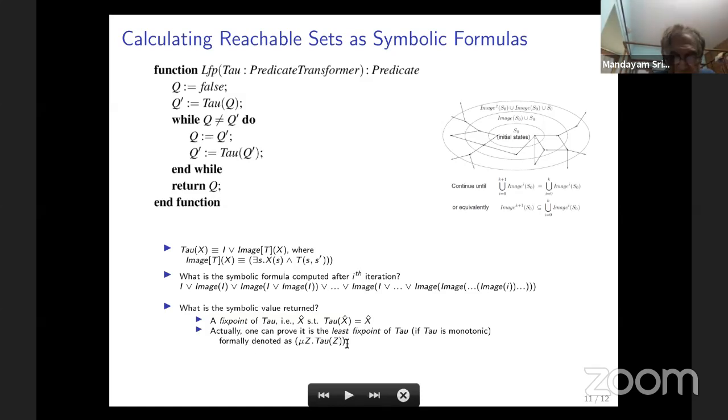And sometimes we denote, for convenience, this fixed point, which I have denoted as x hat here, as mu z of tau z, to show that it is the least fixed point. So any questions on this? There are a lot of symbols here for you to digest, but any questions?